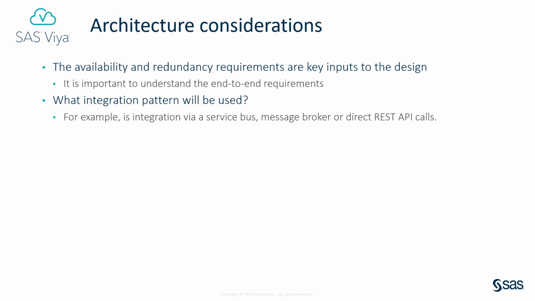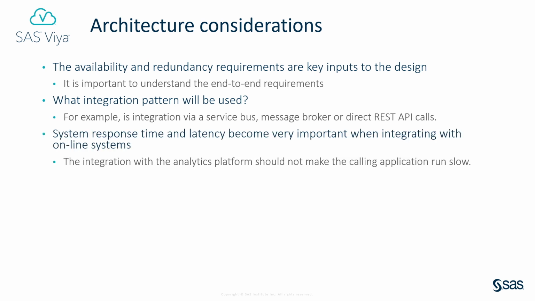Is integration via a services bus, message broker, or will direct REST API calls be used from the business application? System response time and latency become very important when integrating with online systems. The integration with the analytics platform should not make the calling application run slow. We need to consider this when developing the models and decision flows.